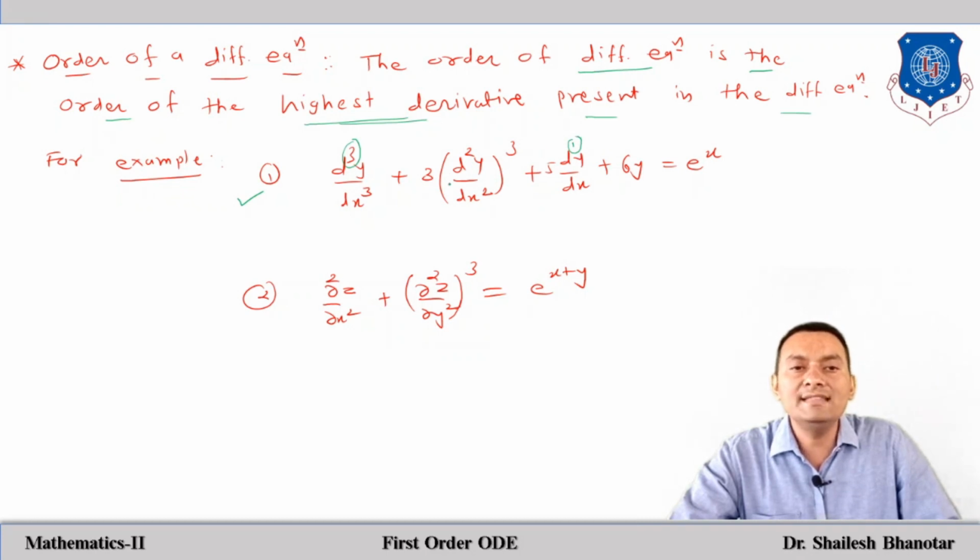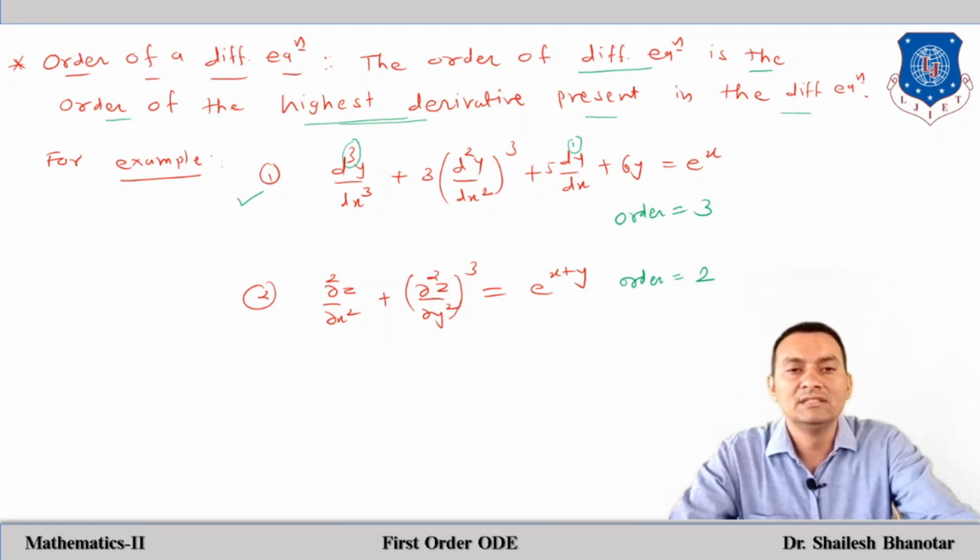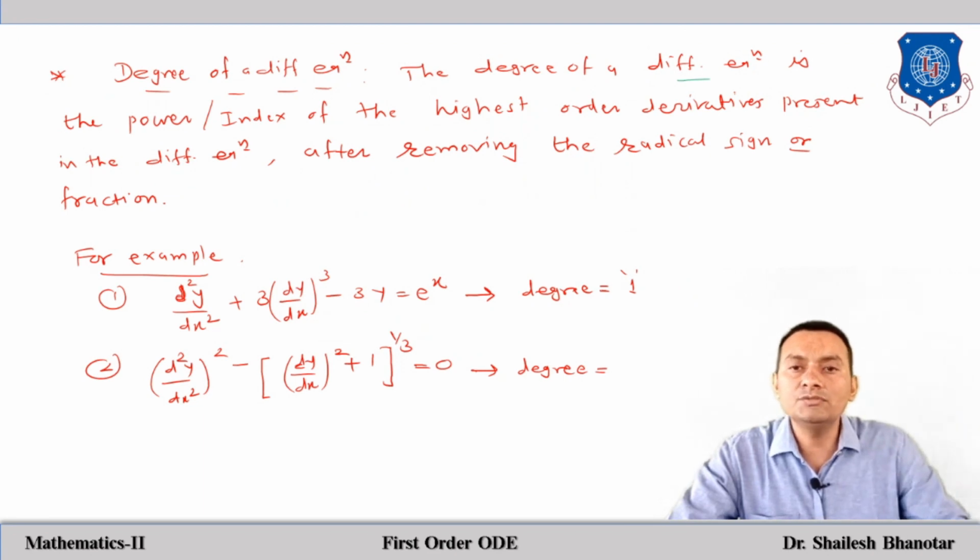So the highest order is 3, therefore this is the order of the differential equation. In this one, the order of the differential equation will be 2, because the second derivative is there, and that is the highest one.